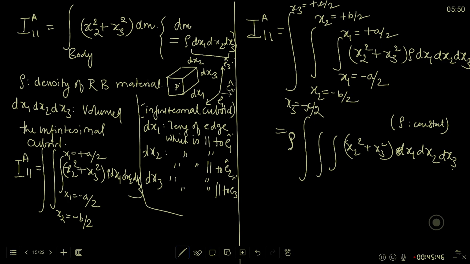It will turn out to be this. Rho times abc, b square plus c square by 12.